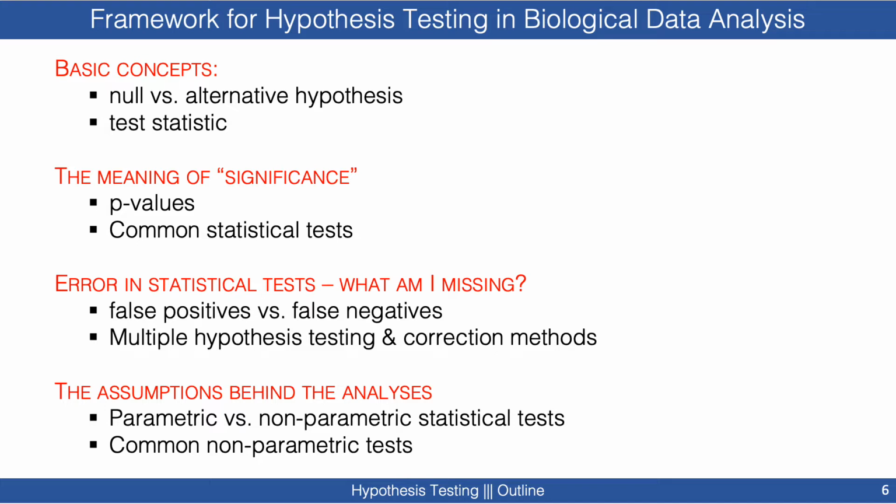We're going to then explore the notion of significance: when is the value that you obtain for the test statistic low or high enough for you to reject your null hypothesis? Then we're going to discuss a little bit how to judge how well the tests are performing. And finally, we're going to touch on tests that might be applicable when the assumptions of the most common tests do not apply.